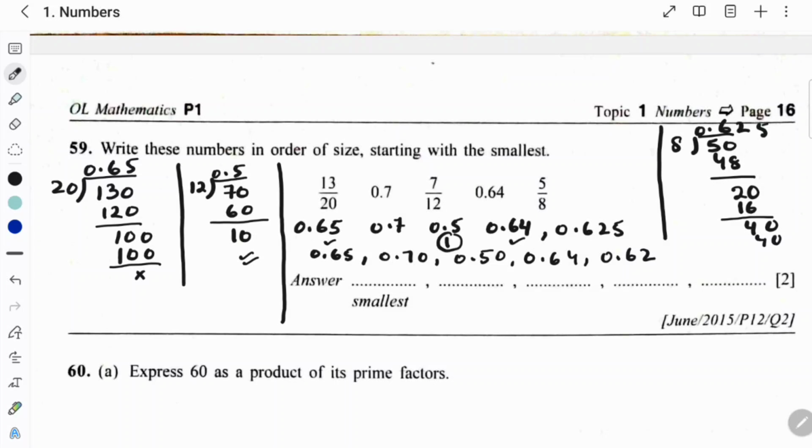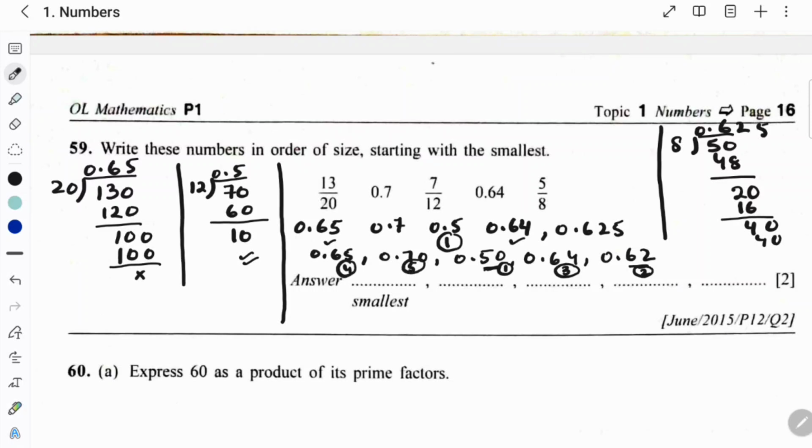All right, so 0.50, and then 62 is the second one. Then 64 is the third one, 65 is the fourth one, and the fifth one is 70.